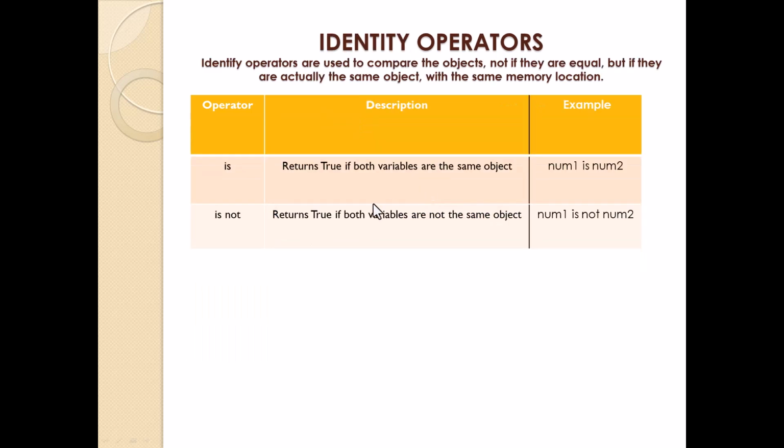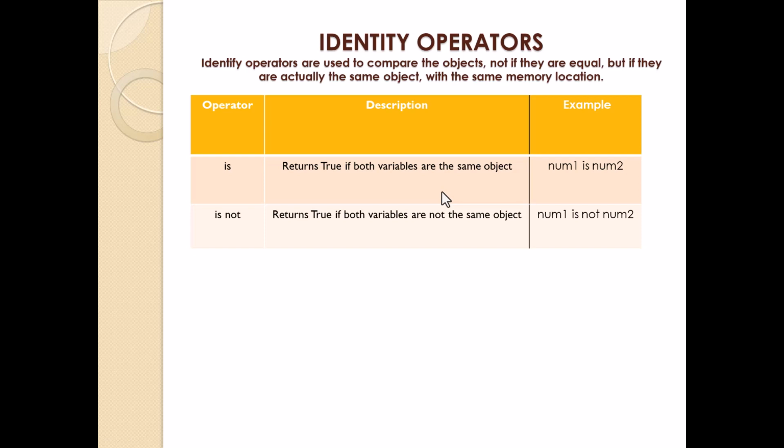Then we also have the identity operators, and we use these quite often when we are creating our projects. Identity operators are used to compare objects, not if they are equal, but if they are actually the same object with the same memory location. Are you getting it? So it returns true if both variables are the same object. num1 is num2.